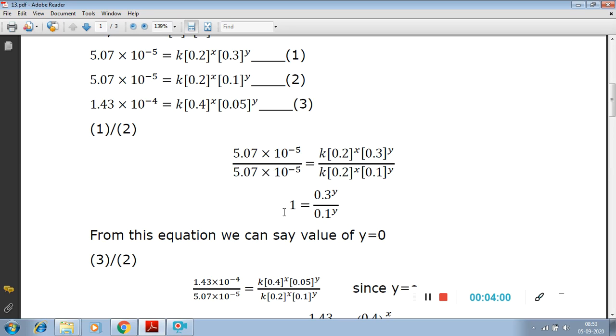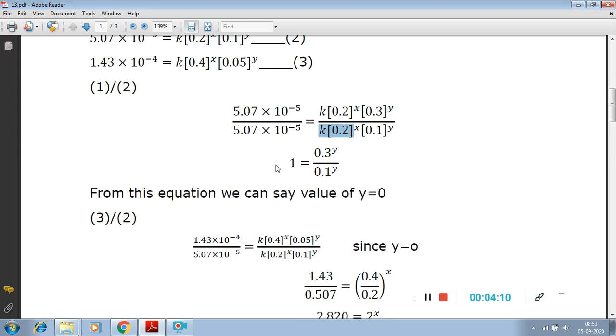K and 0.2 raised to X, both are same here, so that will be cancelled out. So what we have left here, 0.3 divided by 0.1 whole raised to Y, both are having power Y, is equal to 1.